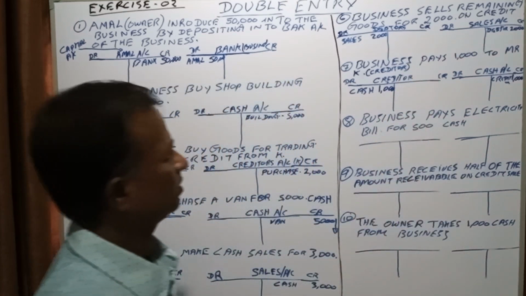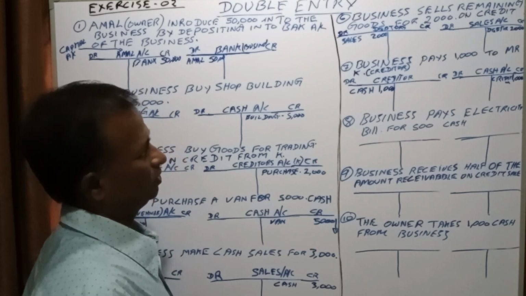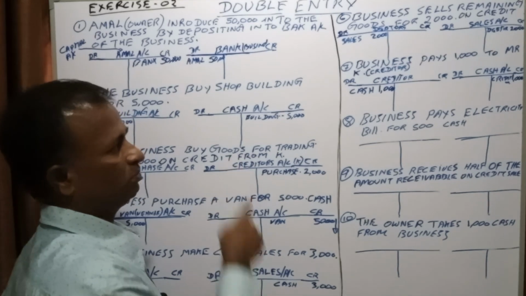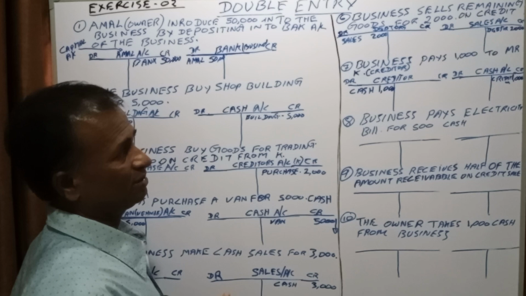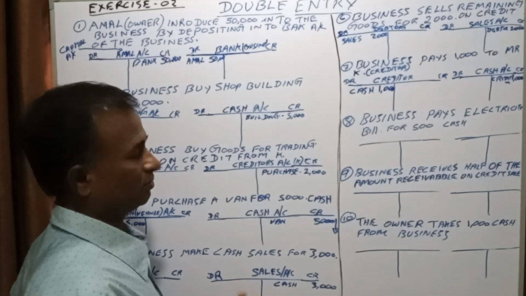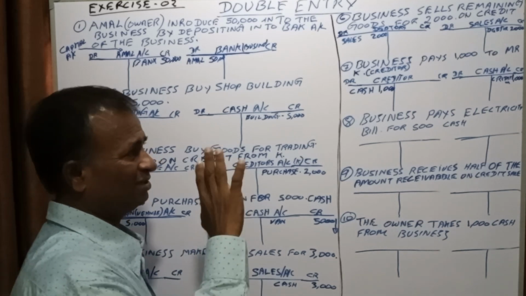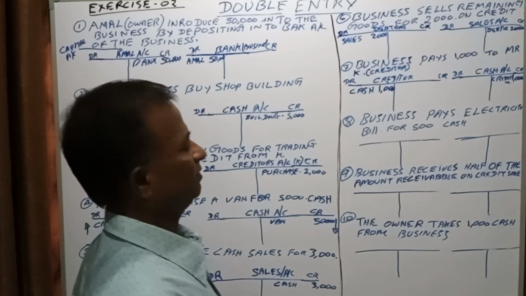If there is any decrease in the liability, it has to be debited. If there is any decrease in the cash, it has to be credited.